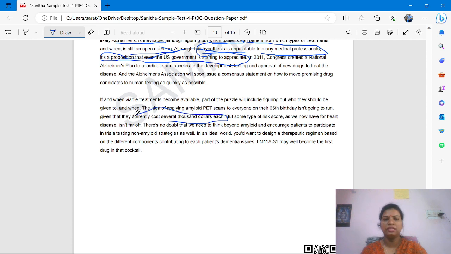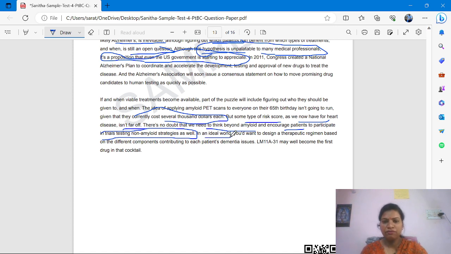So it is a very costly investigation. But some type of risk score, like we now have for heart disease, is not far off. There is no doubt that we need to think beyond amyloid and encourage patients to participate in trials testing non-amyloid strategies as well.